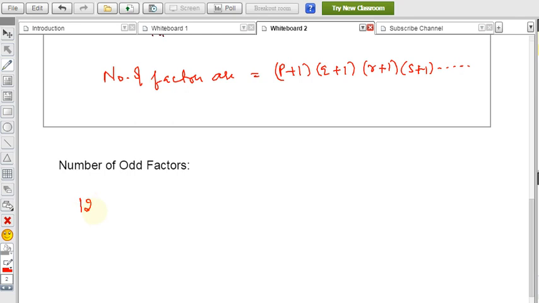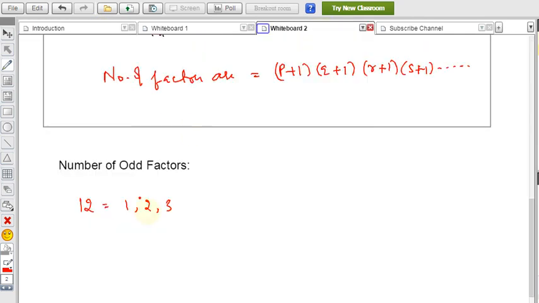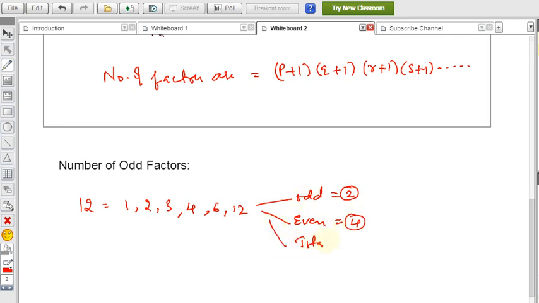In this, the odd factors are 1 and 3, so 2 are there, and the even ones are the remaining 4. Therefore the total factors is equal to 6.